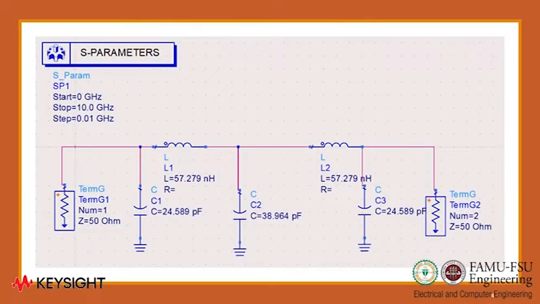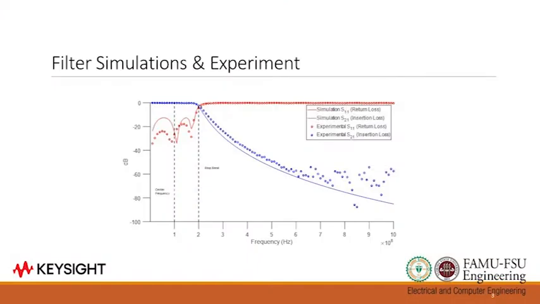So here we see some of the passive components in our experiment that we built on ADS using inductors and capacitors. After we finalized our experiment and extracted our experimental data, we overlaid it with the simulation. The next slide shows the overlay of the simulation and the experimental data.